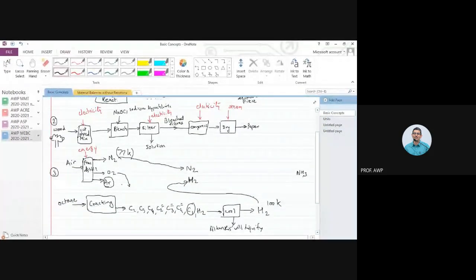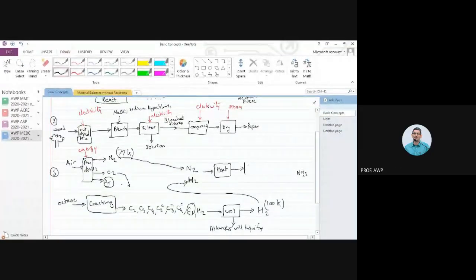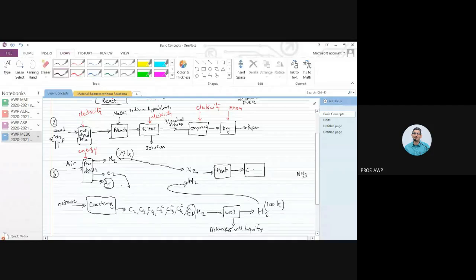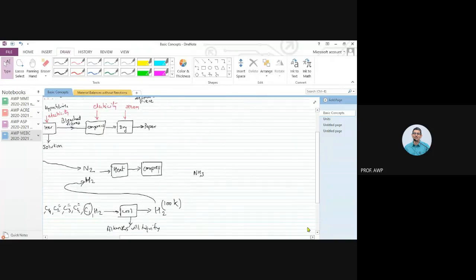Now I have to have a high temperature process. Do I not need to heat first? Yes, sir. And pressure also, right? So I need to compress. Okay, so now I will have nitrogen and hydrogen at high temperature and pressure.